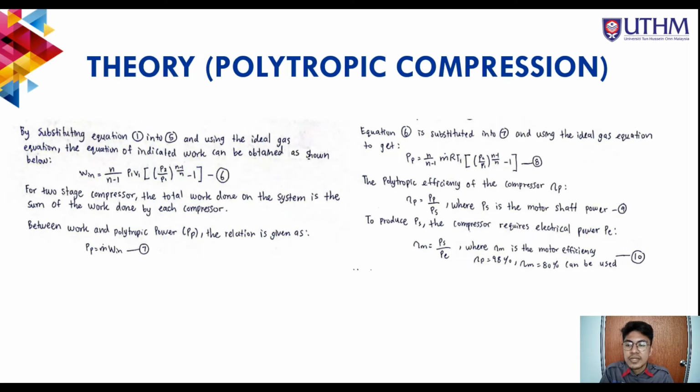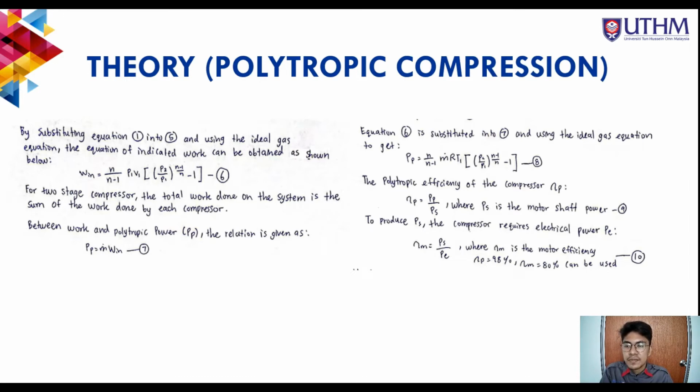By substituting equation 1 into 5 and using the ideal gas equation, the equation of indicated work can be obtained as shown below. So W_in = n/(n-1) × P1V1 × [(P2/P1)^((n-1)/n) - 1], which forms equation 6.